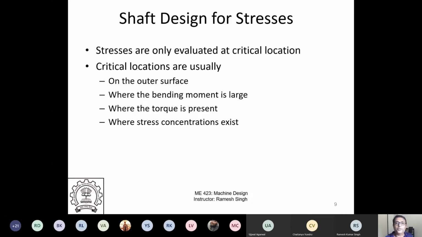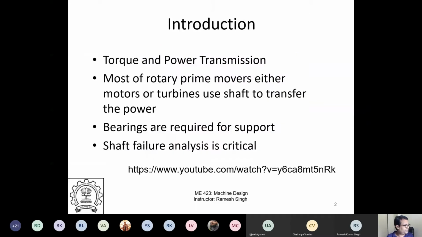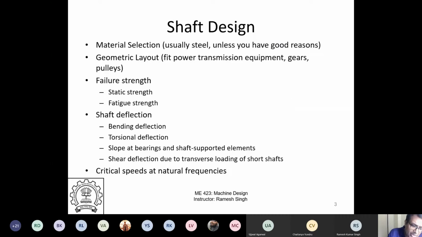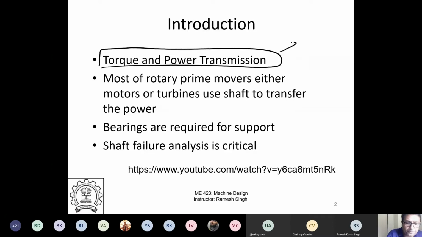Okay, so what we were trying to talk about today was the shafts primarily, right? As you saw in the small video, the first activity, why you need a shaft, is for torque and power transmission.